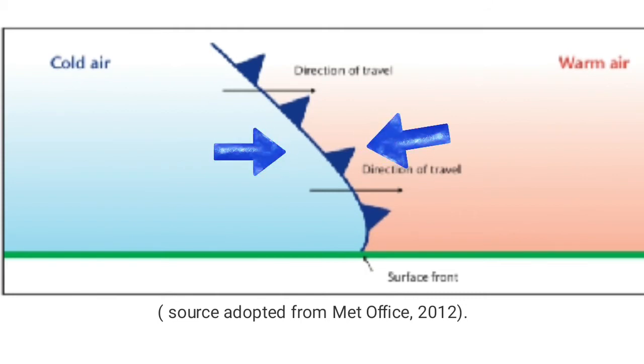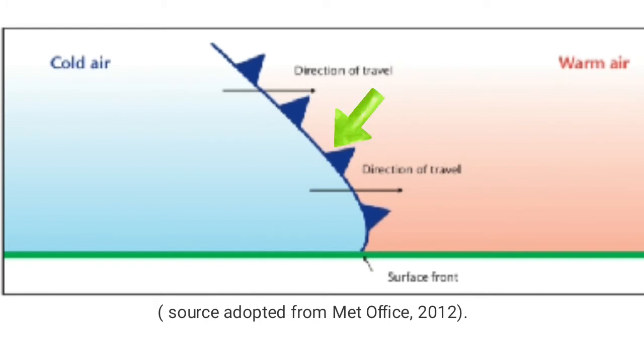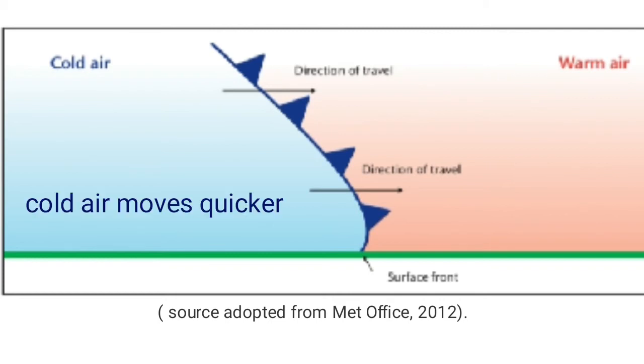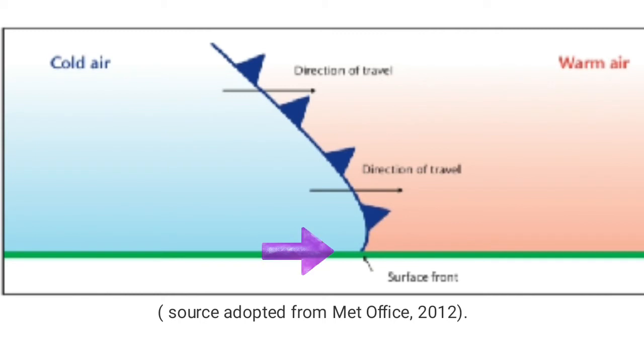When you see a cold front, you identify it by the spikes. The spikes show us there's a cold front. And where there is a cold front, it means that there is air that is advancing, that is pushing, that is going underneath the warm air. So it's replacing the warm air at the ground or at the surface.